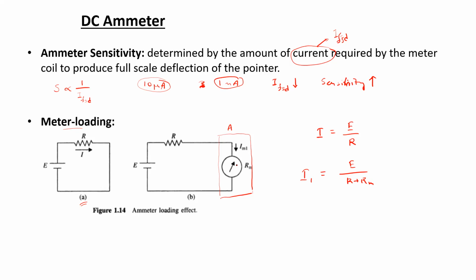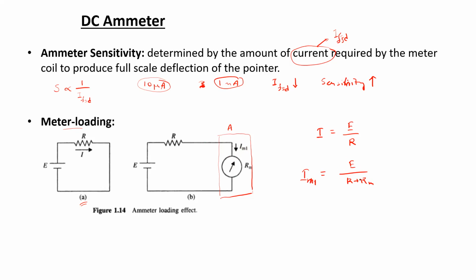Now, if we don't consider the effect of the shunt resistance, then we can say that the current that is going to flow through this particular mesh is going to be equal to Im1, or let's say the maximum amount of current that can be handled by the PMMC.